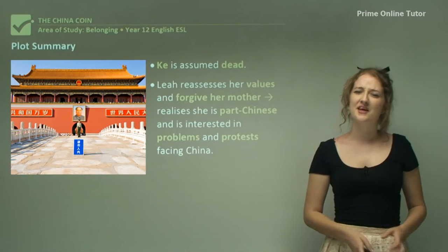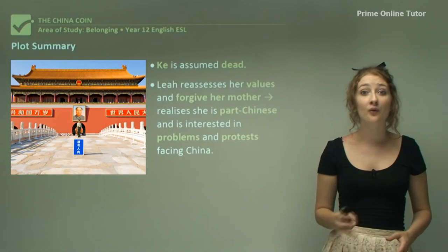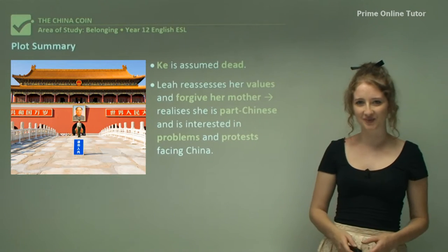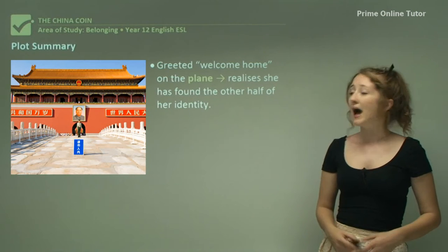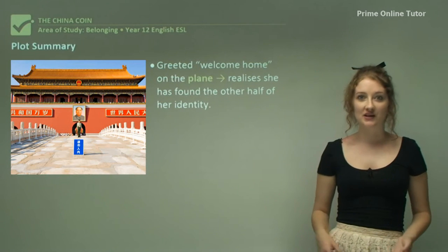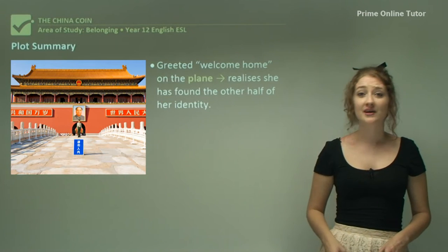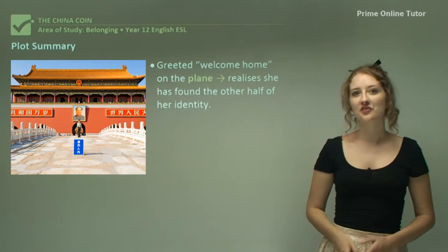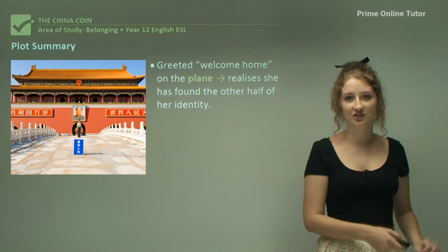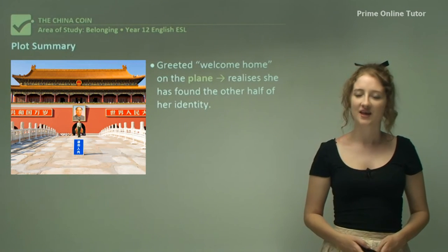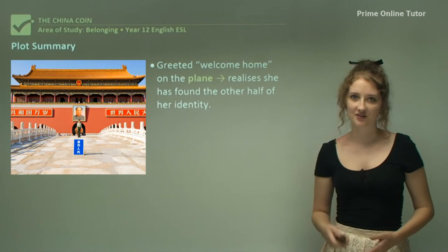So she really develops that awareness, that sense of how important this message is for her family and for her as an individual. Importantly, at the end, when she's greeted welcome home on the plane, she realises that Australia isn't her only home, and that she also has that home and that sense of belonging in China. So she's now got that dual sense of belonging to both cultures, which is something which has developed as the novel's progressed.